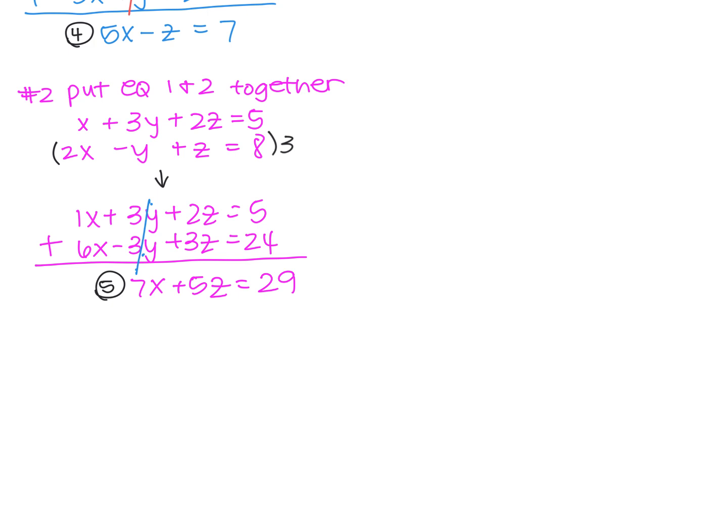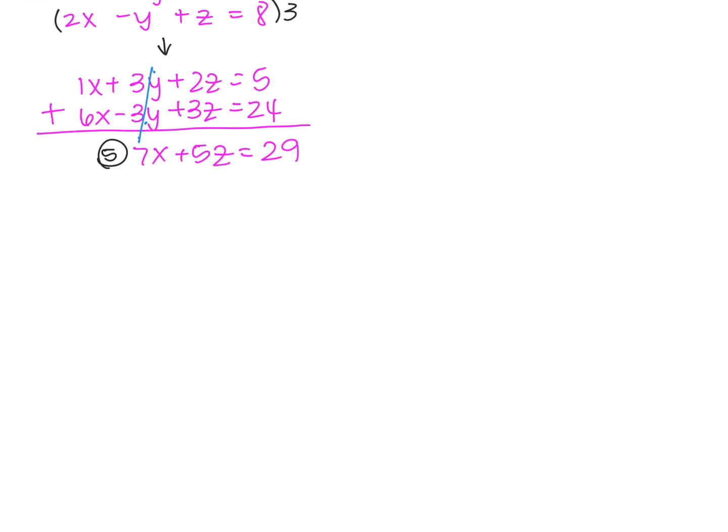Only 5. So we now have 2 new equations that only have an x and a z, right? So now our third step, step number 3, is going to be to put equations 4 and 5 together.